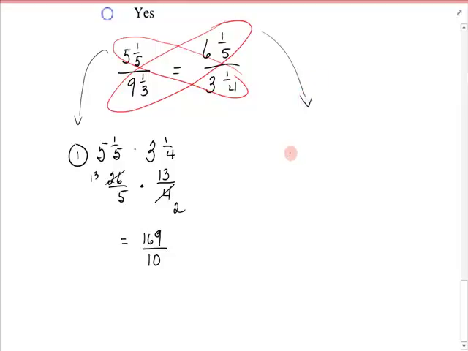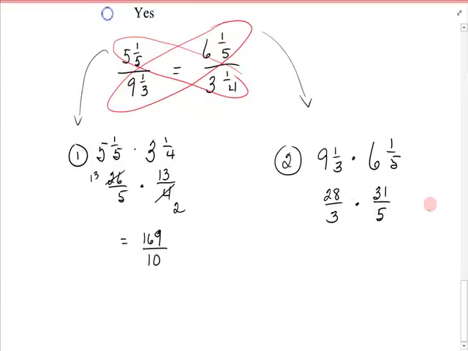Let's look at the second cross product. I have 9 1/3 times 6 1/5. Make them improper. 3 times 9 is 27, plus 1 is 28/3, times 5 times 6 is 30, plus 1 is 31/5. Try to reduce anything. I don't think I can.